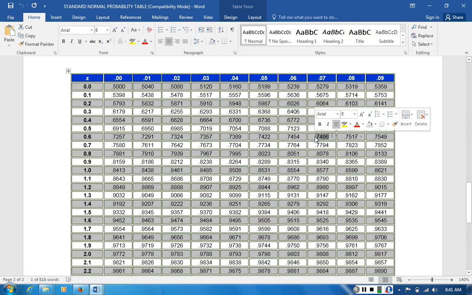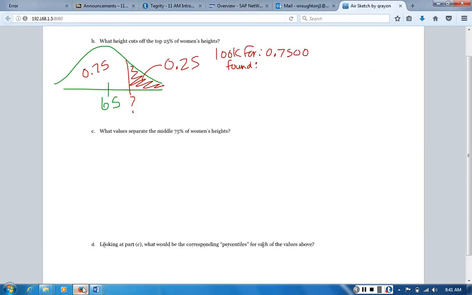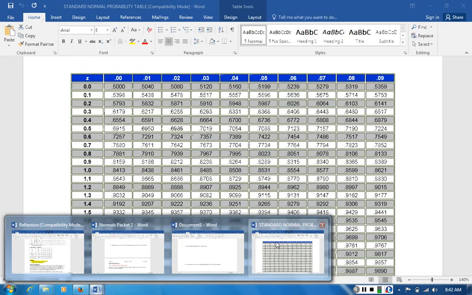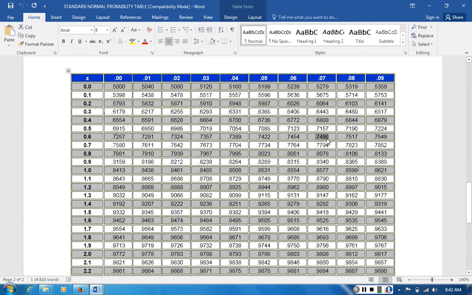Tiny bit closer is our 0.7486. So I'm going to write that down as what I have found. But then I need to actually know what my z is. So what row and what column does that number happen at? Well, it happens at positive 0.67.